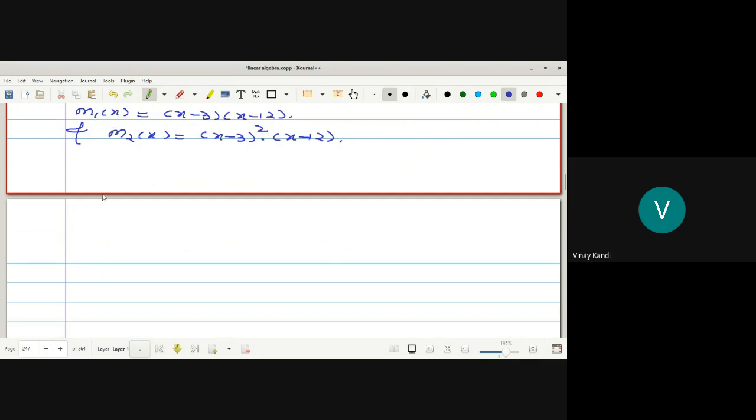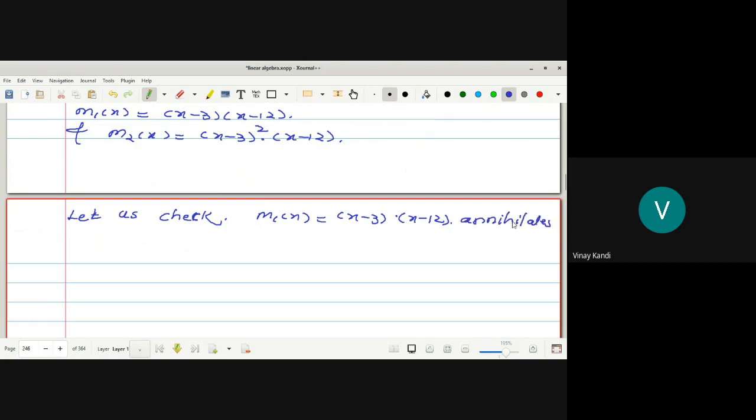Let us check whether m1 of x equals (x minus 3) into (x minus 12) annihilates A or not.